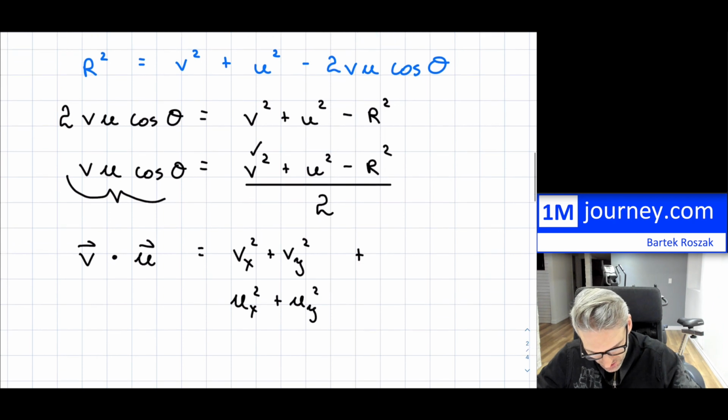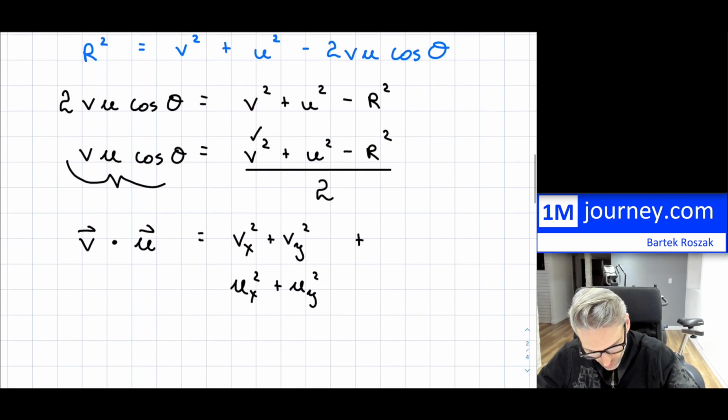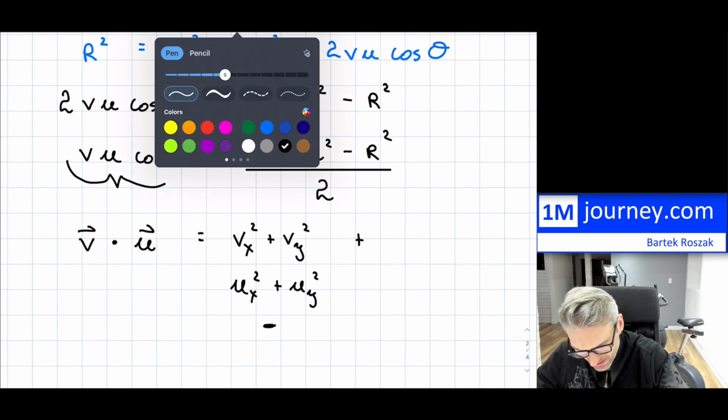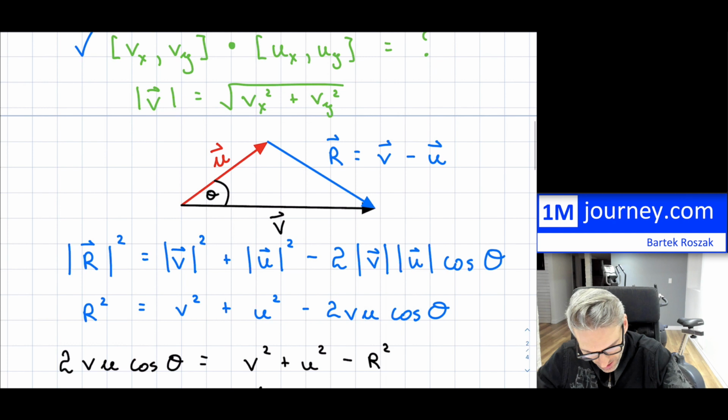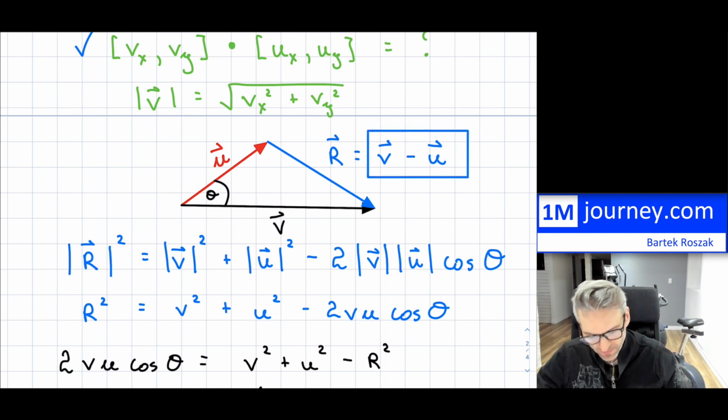And then finally, it's going to be minus, so now the whole thing is going to be subtracted. I'm going to put a subtraction. And now it's my r. But what is my r? Well, hold on a moment. If I go back in here, my r is right here. It is the subtraction between v and u.